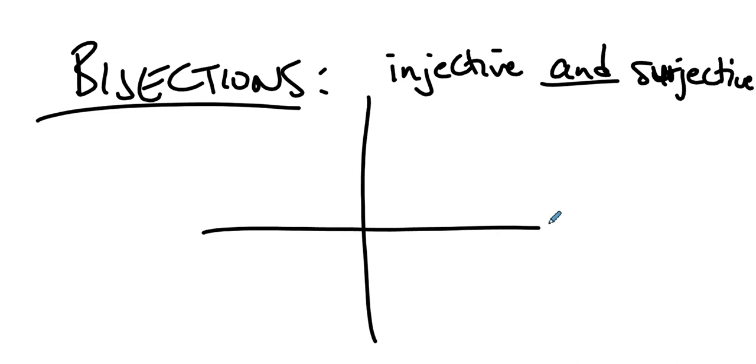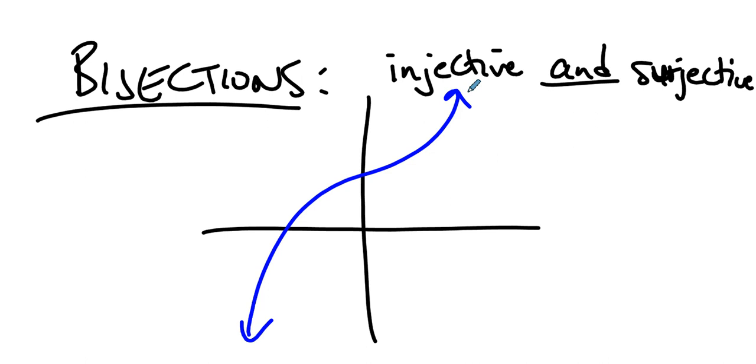So they are functions that pass the horizontal line test and also run the entire possible codomain. So they pass the vertical line test because they're functions, they pass the horizontal line test because they're injections, and they run the entire length of the codomain, whatever the codomain happens to be for your particular scenario.